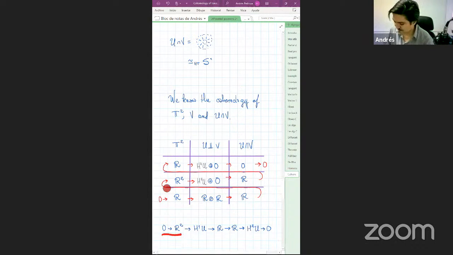So this is the Mayer-Vietoris exact sequence, and I'm missing this vector space and this other vector space.